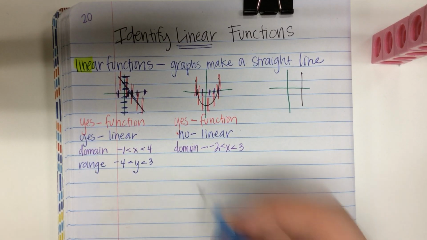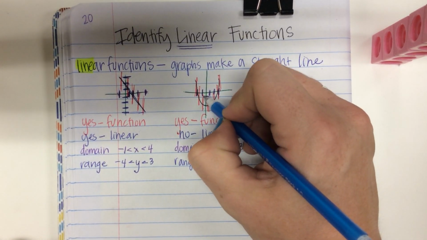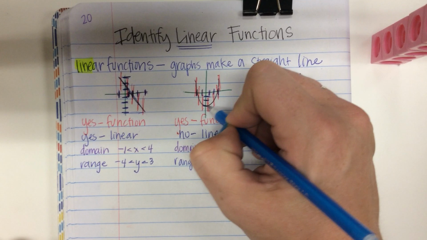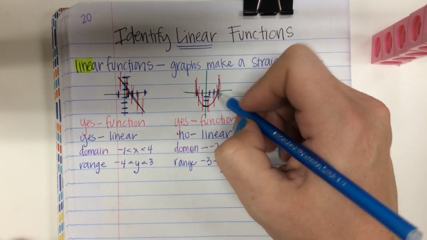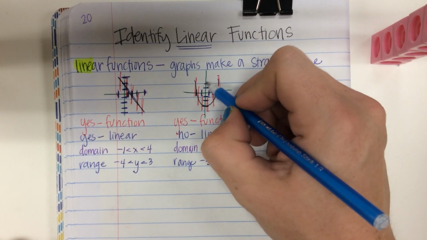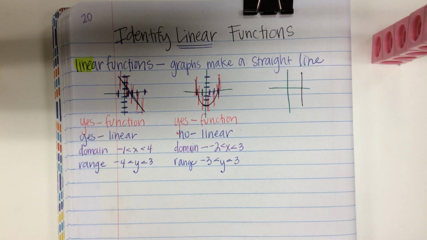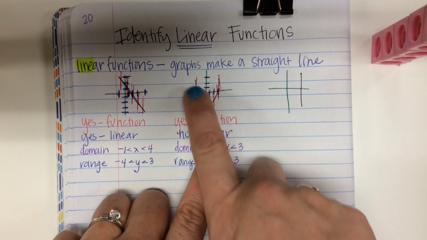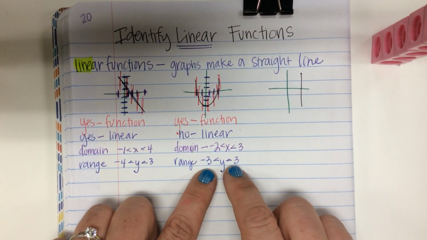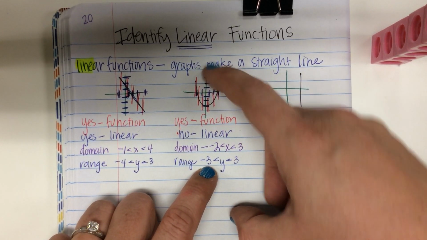And let's do the range. What do you think? -1, -2, -3. Does that sound good? And 1, 2, 3, +3. Again, we're just estimating because it's not a perfect graph. But I know that the x values are between -2 and +3. I know that the y values are between -3 and +3.